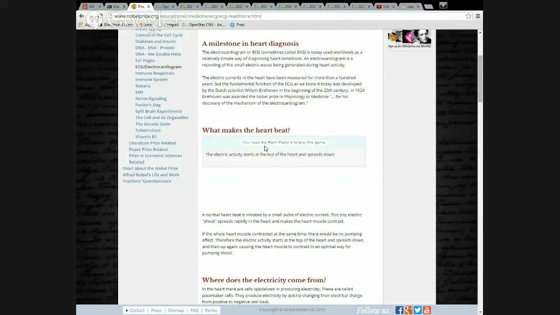And I have definitely installed the most recent Flash Player program on this computer, and I still get this error message. And I get it in Chrome and I get it in Firefox, so I don't know what's going on there. But for whatever reason, we don't see that animation. We will see something similar to that a little later on, but it's kind of unfortunate we don't see it there. It's just an animation of the conduction pathway, okay? And we'll see that a little bit later on.